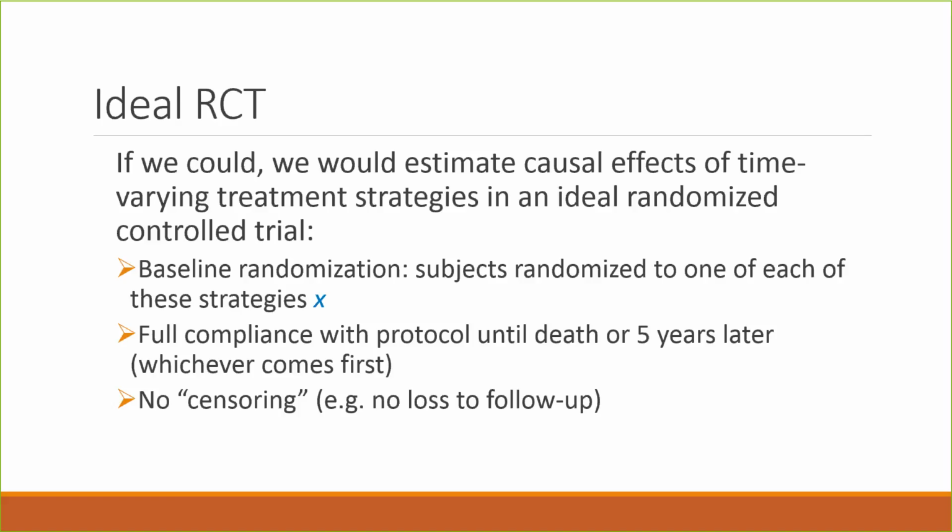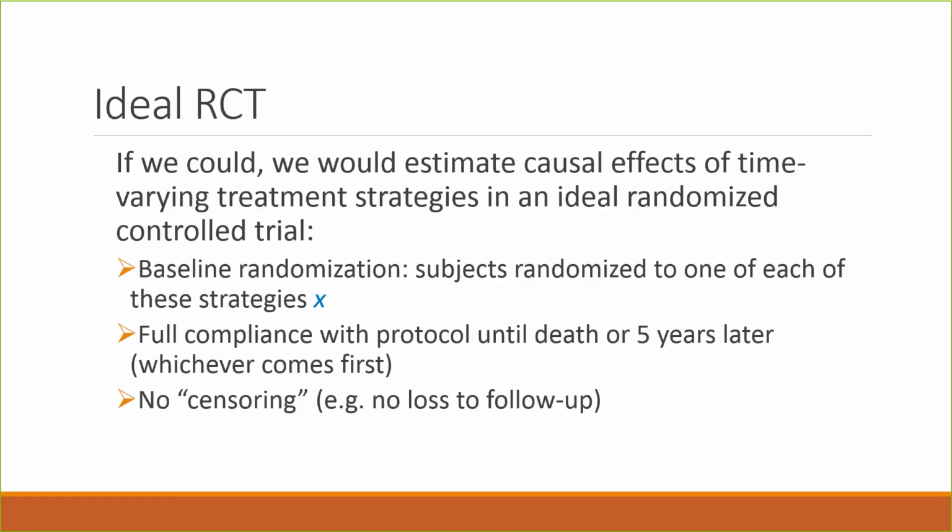If you were randomized to start CART when CD4 first drops below 350, and let's say I start with a population of treatment-naive individuals who all up to that point had CD4 above 500, that person should not be starting, and they're complying.